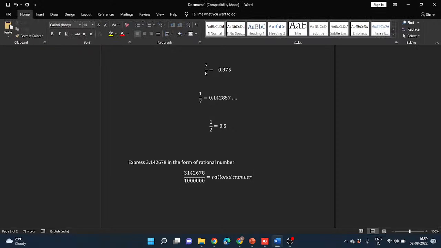Also, let's take another example where we need to show that 0.3333 and so on can be expressed in the form of p by q, where p and q are integers and q is not equal to 0.